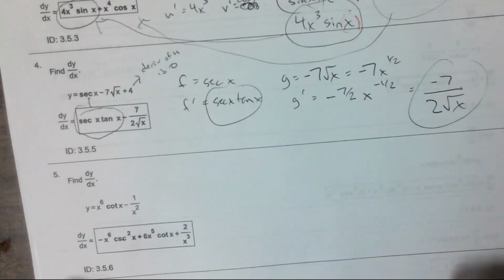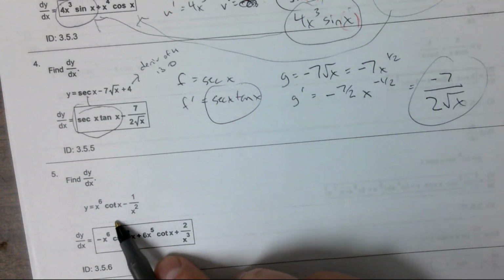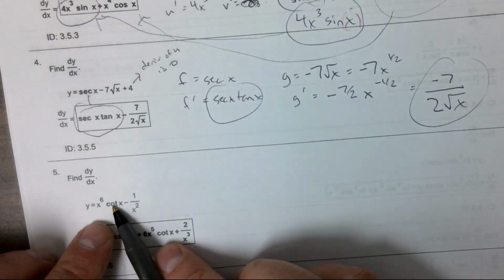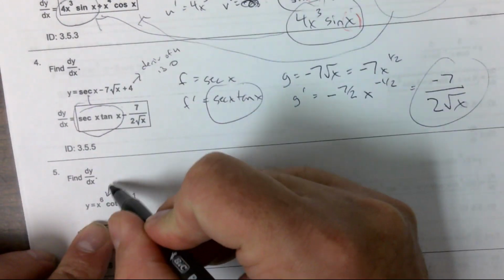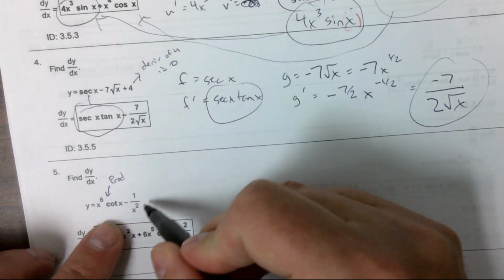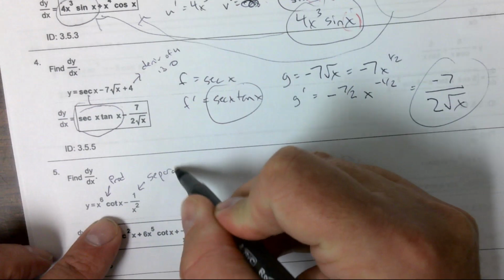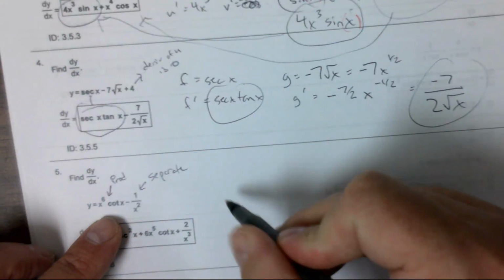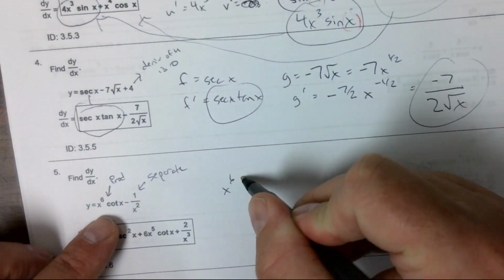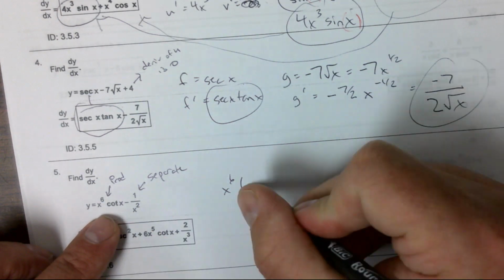Okay, now on this one, we've got another one with the product rule, and then this one separate. I'm just going to call it separate. So let's say x to the 6th times the derivative of cotangent, which is negative what?